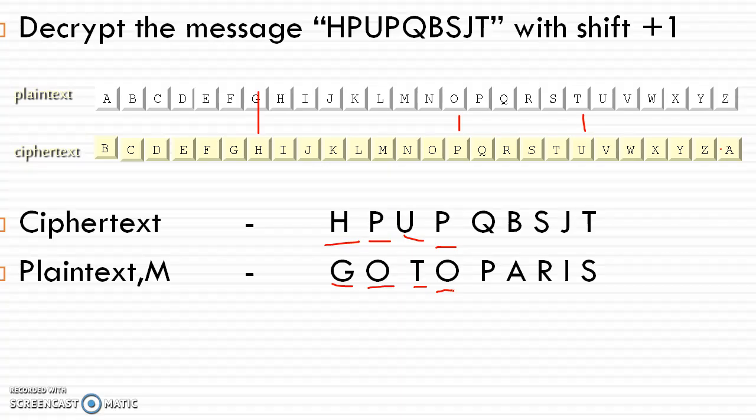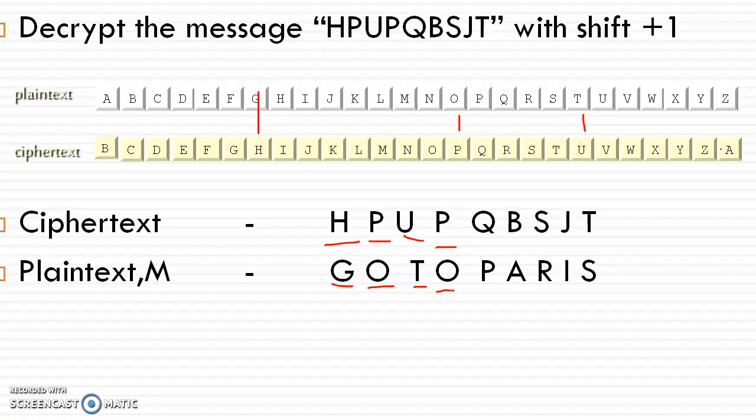In both cases, the first step is to find the corresponding ciphertext or plain text letters, and after that you replace each of these letters with the corresponding characters. That is, in Caesar cipher, your encryption or decryption is performed by shifting your characters a particular number of places in the character table.